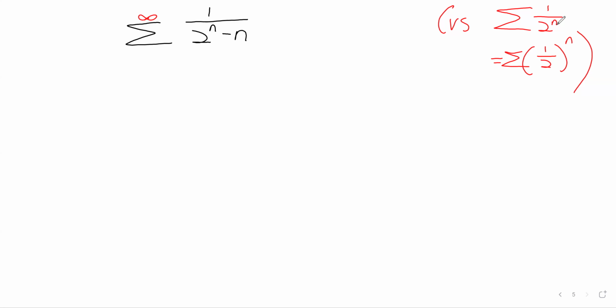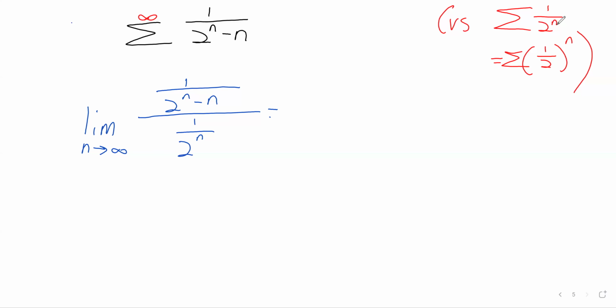And again, this test lets us directly use whatever intuition we might have. With the regular comparison test, we'd now be looking at this and saying, well, what do we do now? How do we make this bigger? Here, we can just directly compare the two with a limit and see what happens. And if the limit is a finite non-zero number, they both do the same thing.